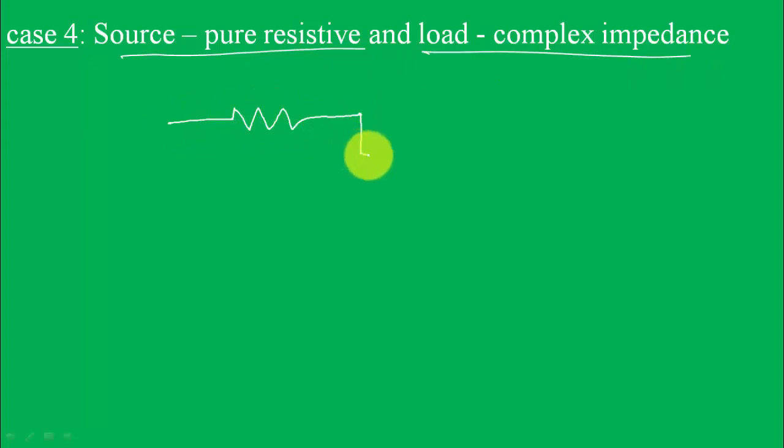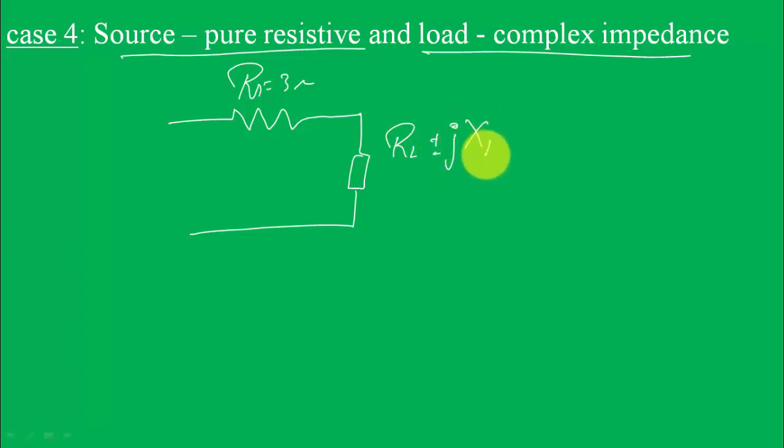Able to follow? It should be a complex conjugate. Case 4: the source is purely resistive and the load is a complex impedance. You will have a source which is a pure resistive network, but the load will be a complex impedance. Let me consider RS equal to 3 ohm. Here you will have RL plus or minus J times XL or XC. Let me consider XL only.